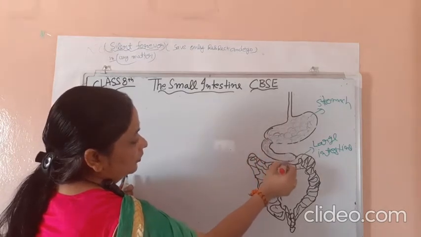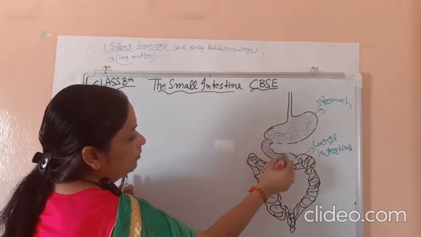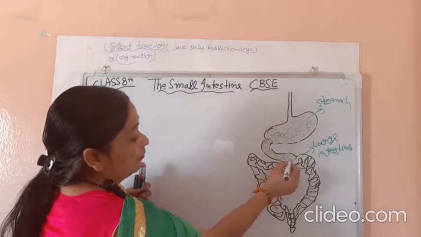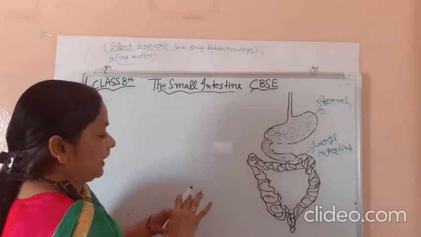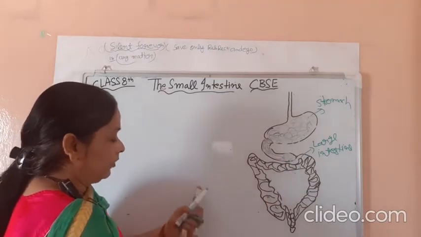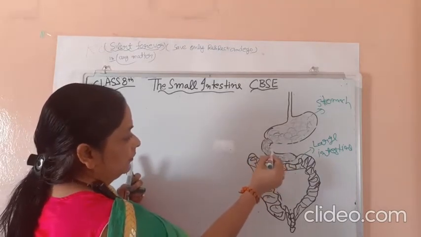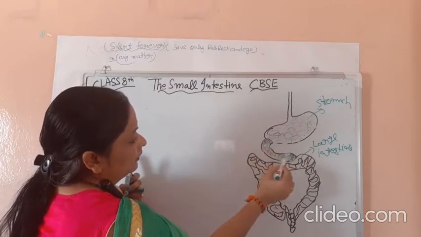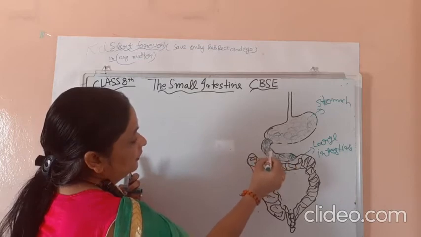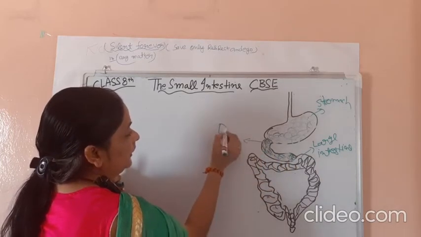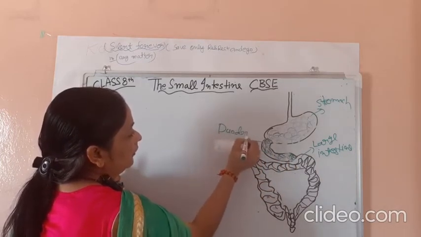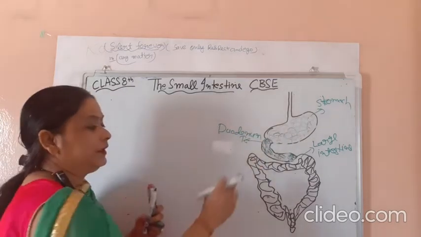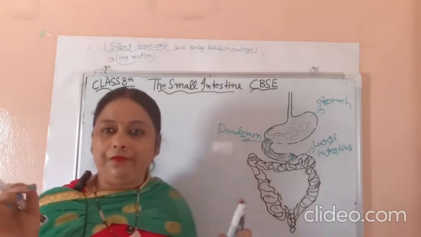This is the duodenum. This is a very small part of the small intestine.